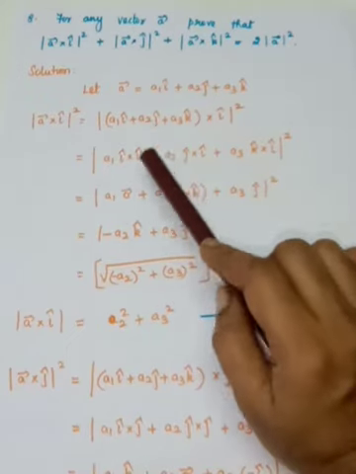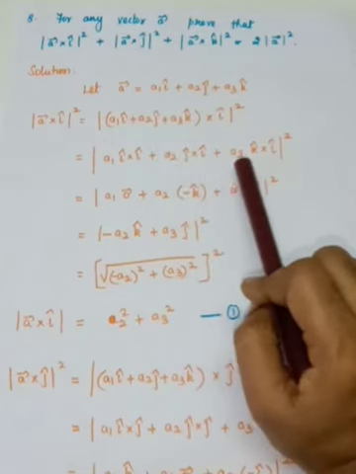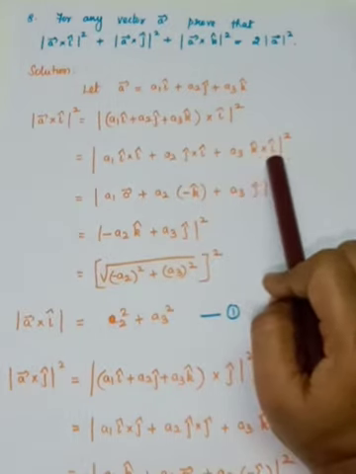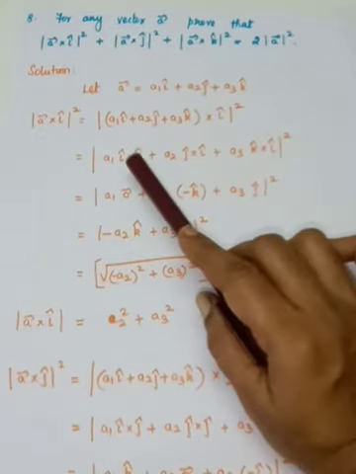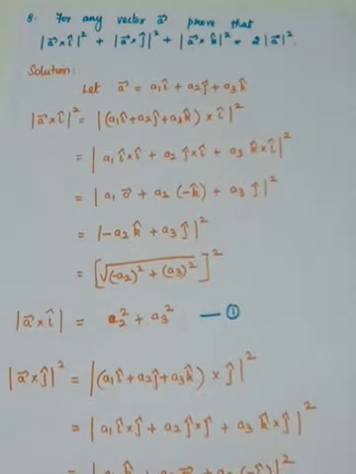So next one, a2 j cap cross i cap plus a3 k cap cross i cap the whole square. So it is the same vector, and the cross product of the same vector is equal to 0 vector.